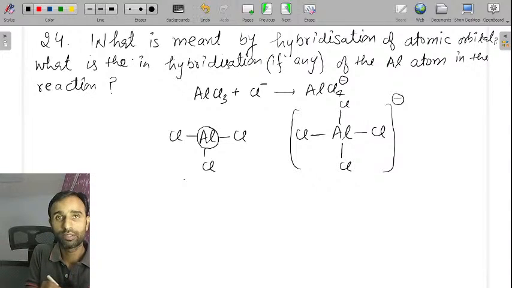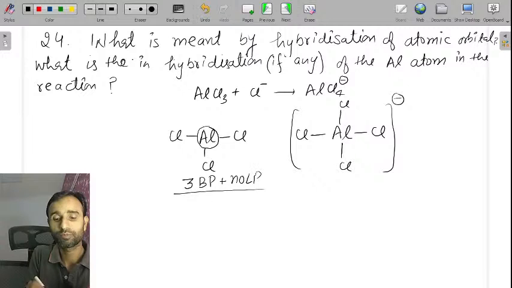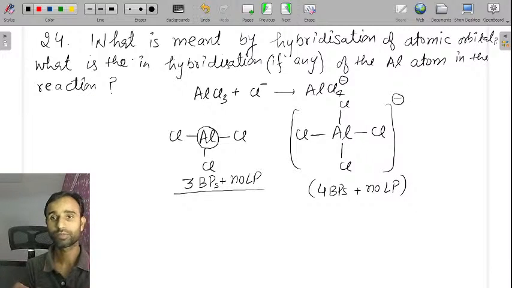There are only 3 bond pairs and no lone pair, right? But in AlCl4 negative, there are 4 bond pairs plus no lone pair.